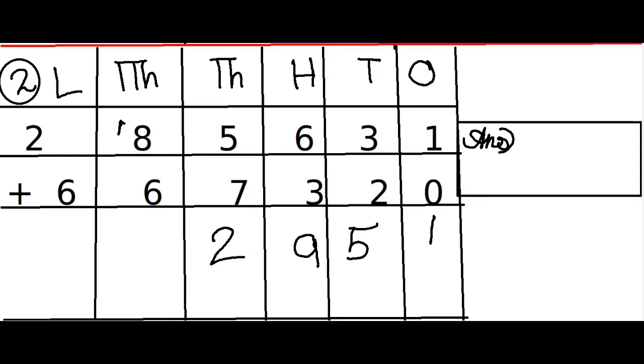So 7 plus 7 equals 14. And the one leftover one we are going to add. So the answer in this column will be 15. So we are going to carry over the 1 here in the lakhs column.